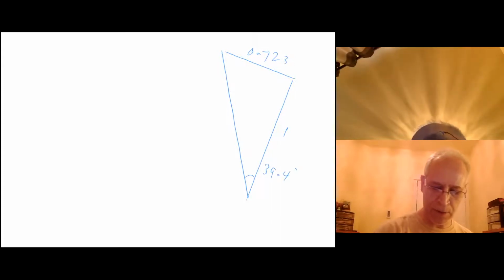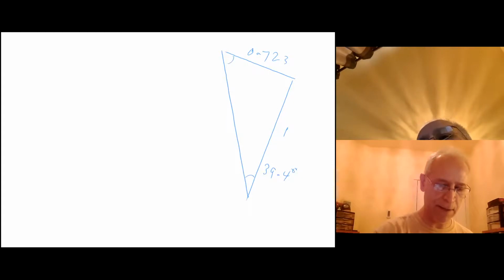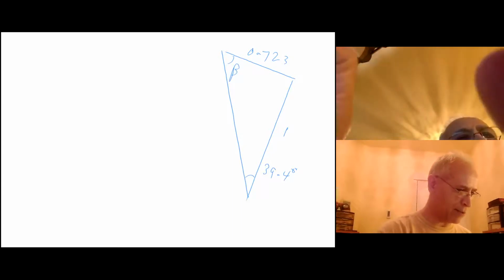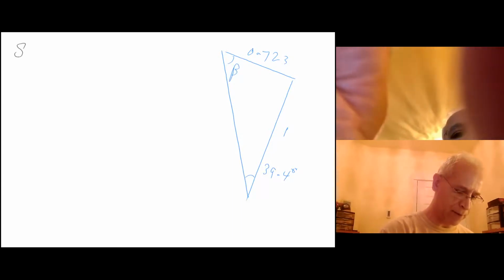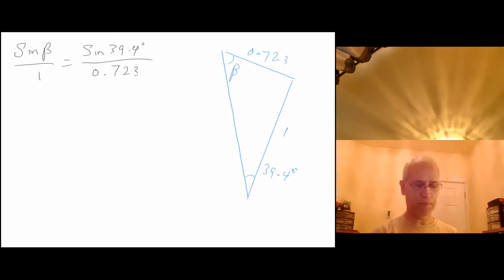I'm going to use law of sines to find this angle, let's call that beta. So sine of beta over 1 equals sine of 39.4 degrees over 0.723.